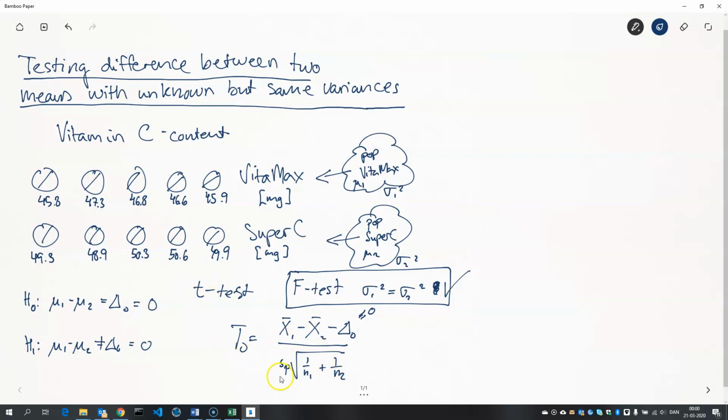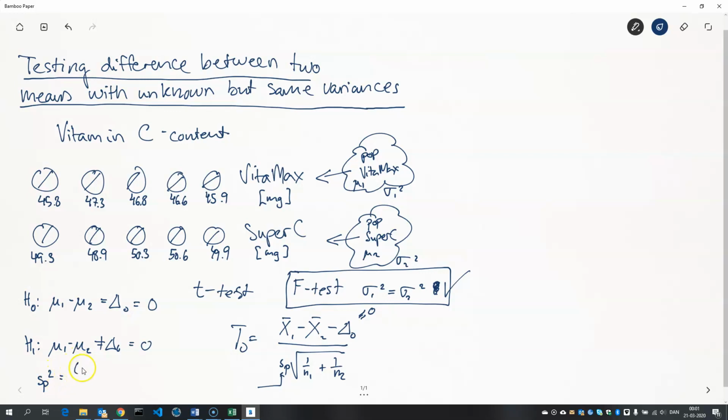The pooled standard deviation, well, let me show you how to compute the pooled variance. You can find that in the book as well. It's really just a weighted average of the two variances.